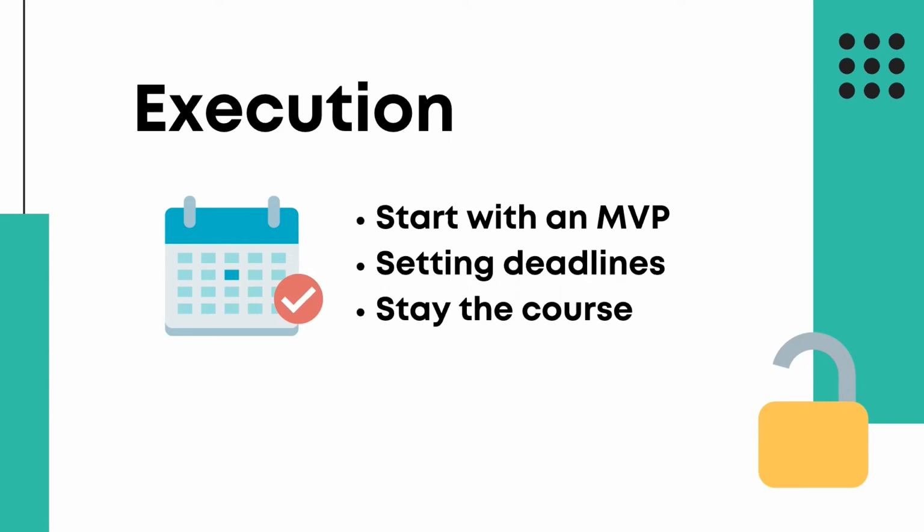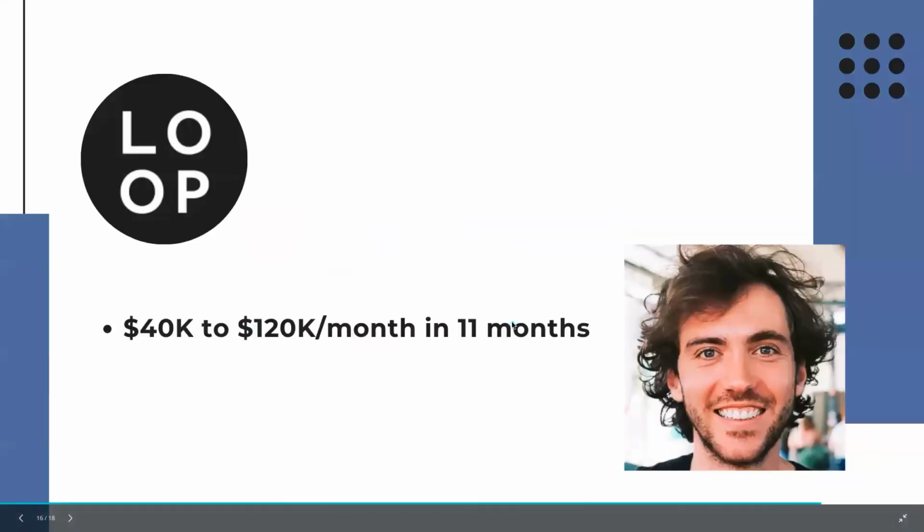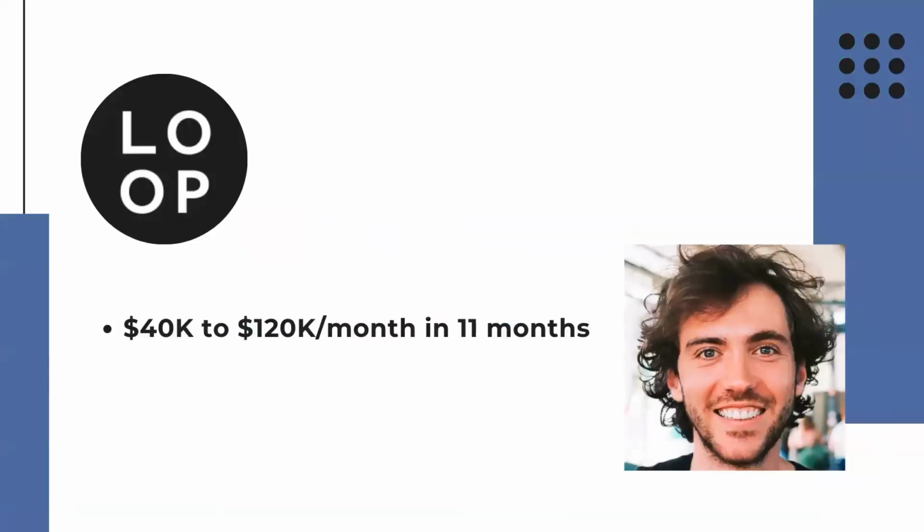Nobody wakes up to come see me or to come see you. We've all got our own objectives in the day. So you have to be patient for people to start to understand who you are and why they should be interested in what you're talking about. But if you do this right, you can really see some great results. This is just one of my clients. They went from 40K to 120K in just 11 months.